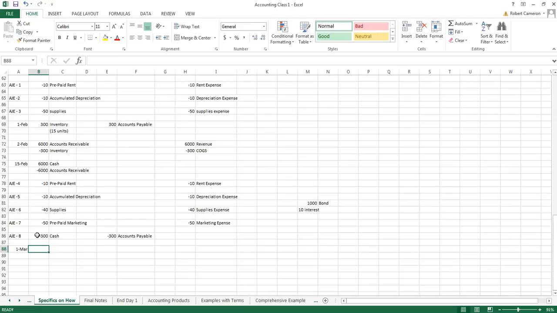on March 1st, we issued a $1,000 bond. We get $1,000 in cash, and we have $1,000 in bonds payable, because we're eventually going to have to pay the $1,000. That's how a bond works. When you issue a bond, you say something along the lines of, give me the money right now, I'll pay it back later.